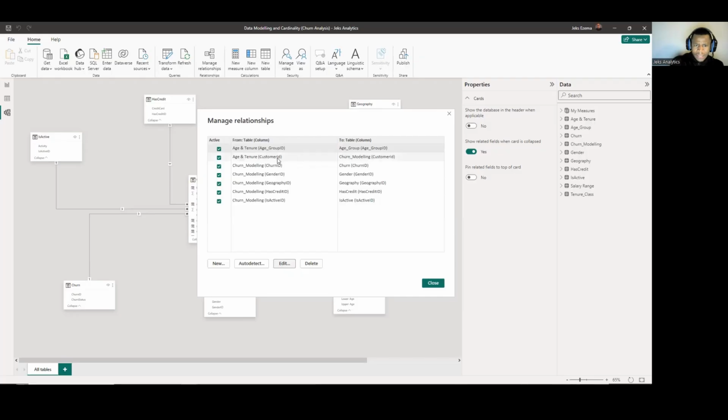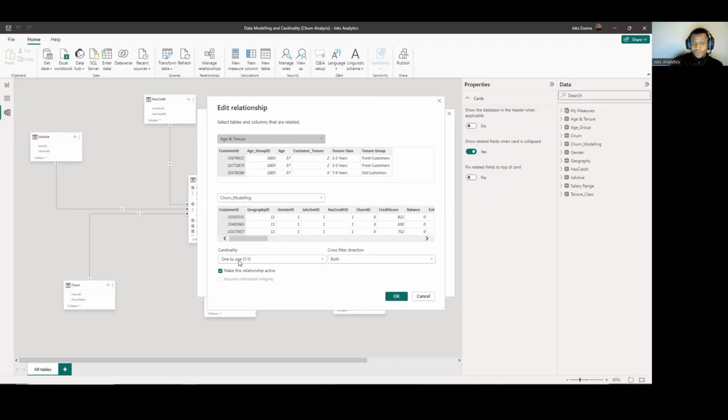Let me check another one. We did the case of one to one, so let's go for another case of one to one, so let's see the difference. So this is one to one. And remember, it tells you the keys, the columns that it is connected with. This is a table and this is the column. This is another table and this is the column. So it tells you the column that you are connecting the tables with. I can select any table and connect to any table.